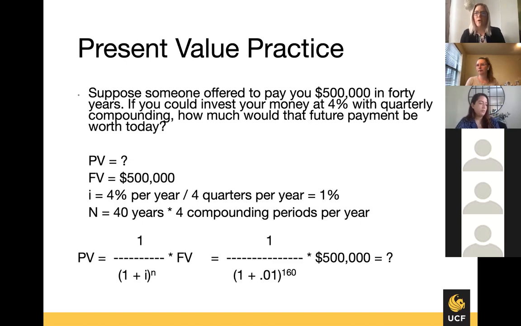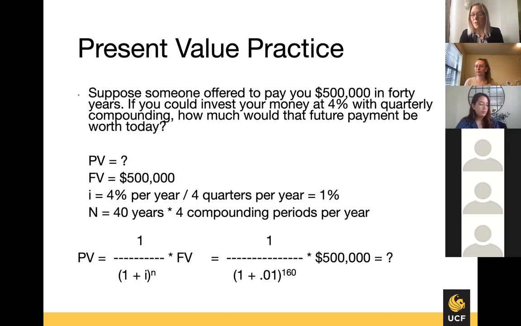Again, remember, we're thinking about this in terms of the opportunity cost of capital, right? So if we have to wait to receive this money, we have to wait 40 years to receive this $500,000. Because we don't have it in our pockets now or in our bank accounts now, we can't actually earn that 4% that we could if we had the money now and chose to invest it for 40 years.